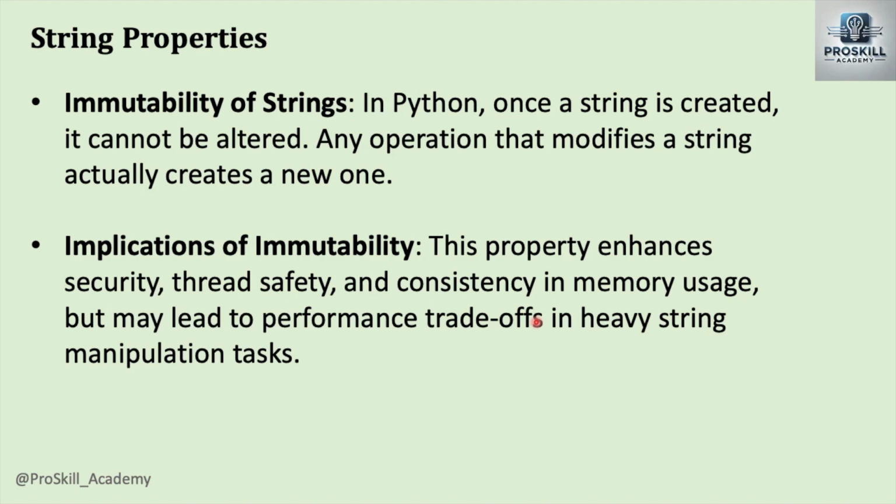However, it's important to note that excessive string manipulations such as concatenating strings in loops can lead to performance issues due to repeated creation of new string objects. In such cases, Python alternatives like using .join with lists offer a more efficient solution.